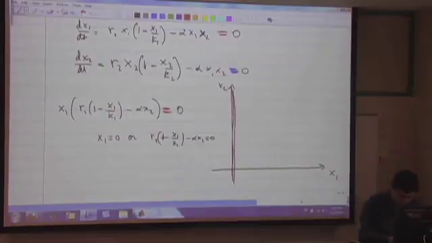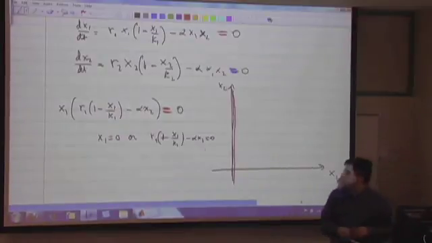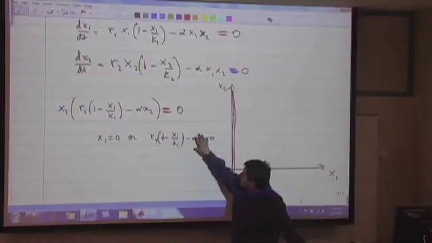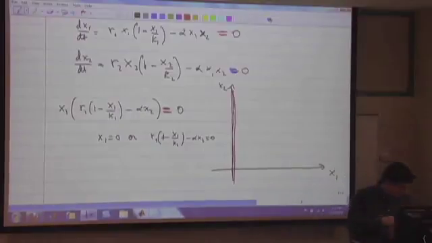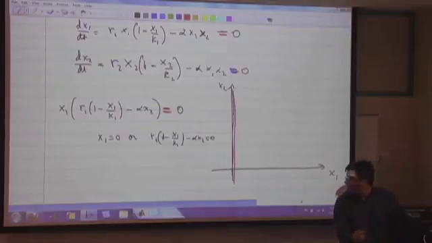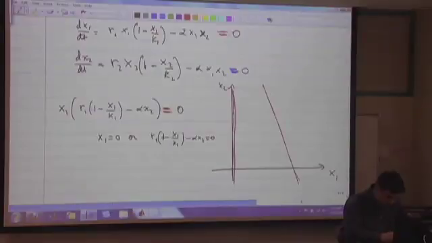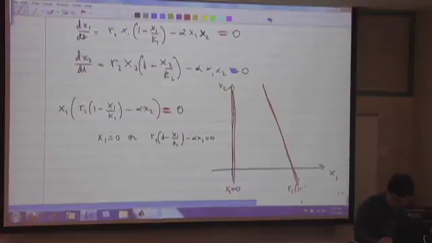And the second equation is just a linear equation in x1, x2, so the graph is a line. Now, how this line looks, we don't know until we figure out the exact values for r1, k1, and alpha. But it's something like this. So this is x1 equals 0, and this is r1 (1 minus x1 over k1) minus alpha x2 equals 0.